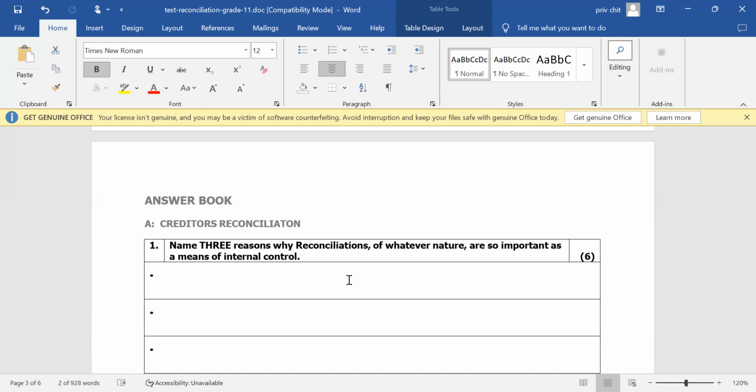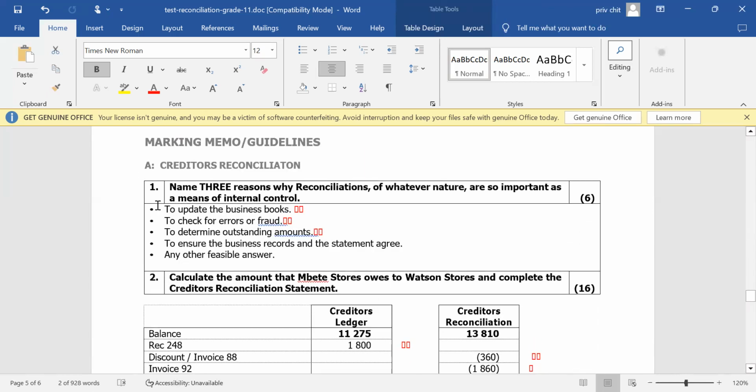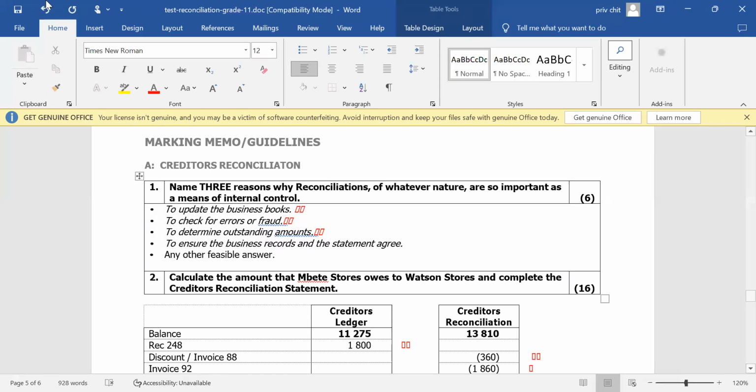To update the business books, to check for errors or fraud, to determine the outstanding amounts, to ensure the business records and statements agree, and any other fees. Those are your answers to your question.